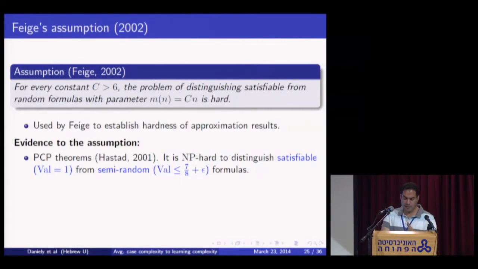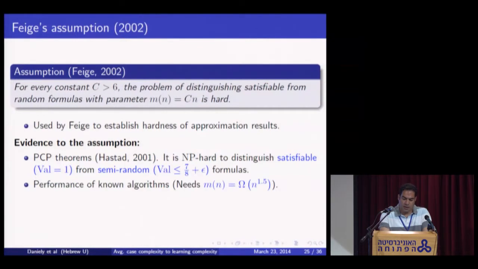So Håstad's theorem tells us that it is NP-hard to distinguish satisfiable from semi-random formulas, and therefore Feige's assumption is a generalization, a strengthening of this theorem. The second piece of evidence is the performance of the best known algorithms, which is very far from what is predicted by this assumption.